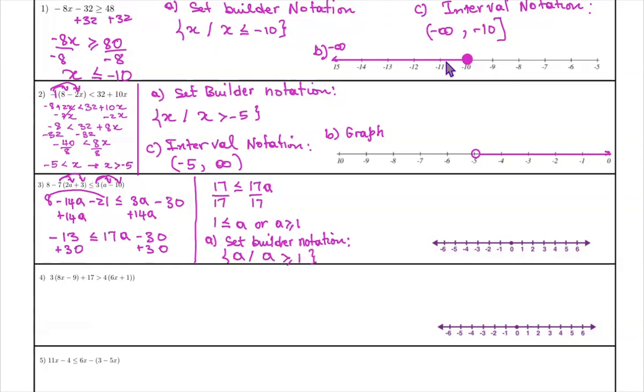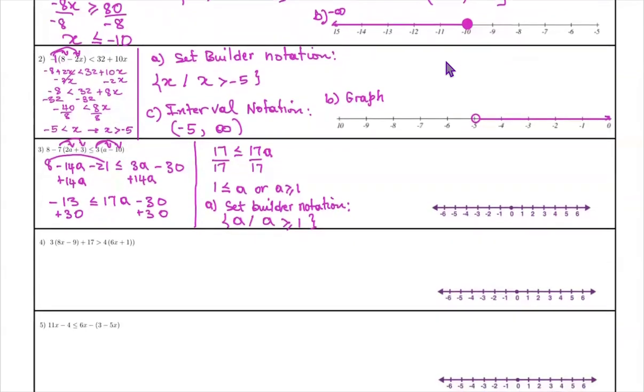And on the number line, what we have is we're looking for 1 with a closed circle. We need 1 with a closed circle on 1.